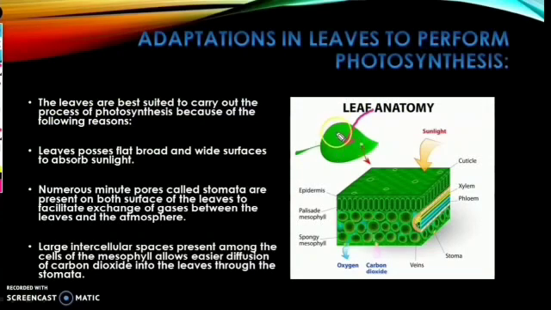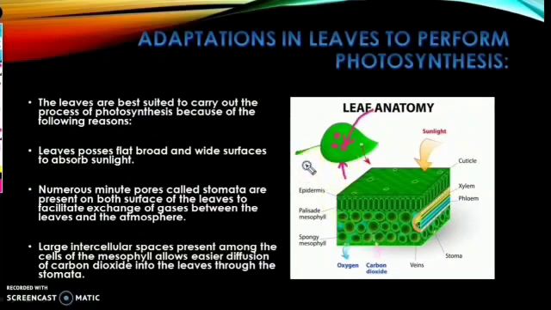Next, the leaf has numerous stomata on the lower surface and some stomata on the upper surface of the leaf. These stomata help in the exchange of gases during photosynthesis.